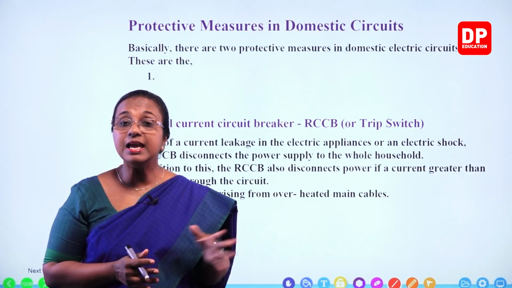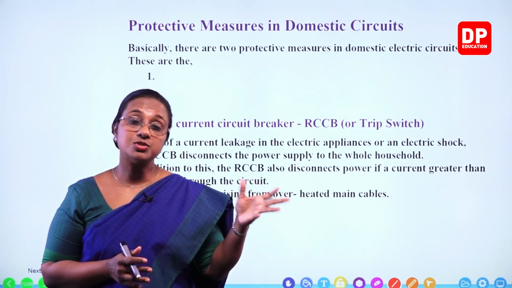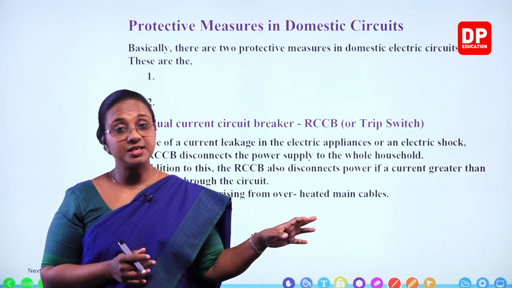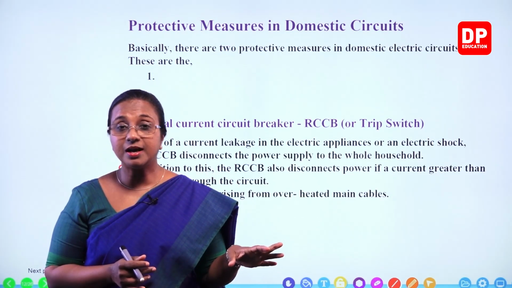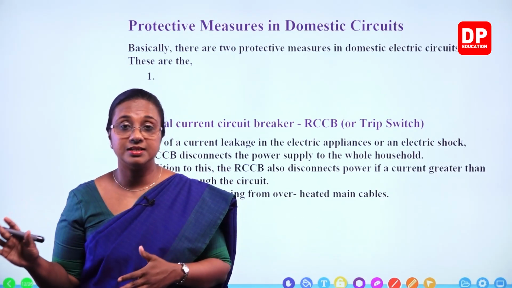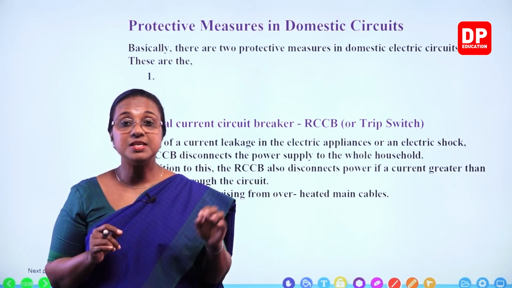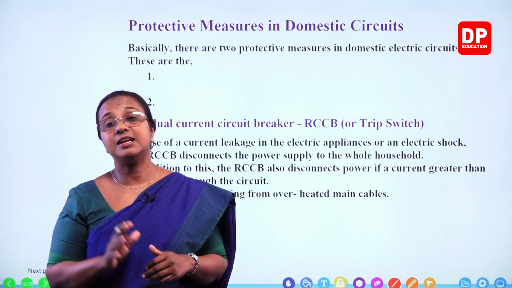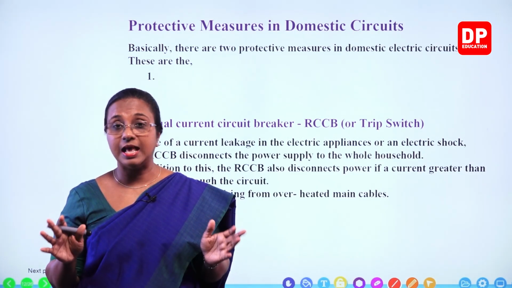Then there are the MCBs. MCBs also provide protection. If the MCB is connected to a lamp circuit and more than 6 ampere current flows through it, then the circuit is cut off. And if the MCB is for the plug circuit, then it allows a maximum of 13 amperes.